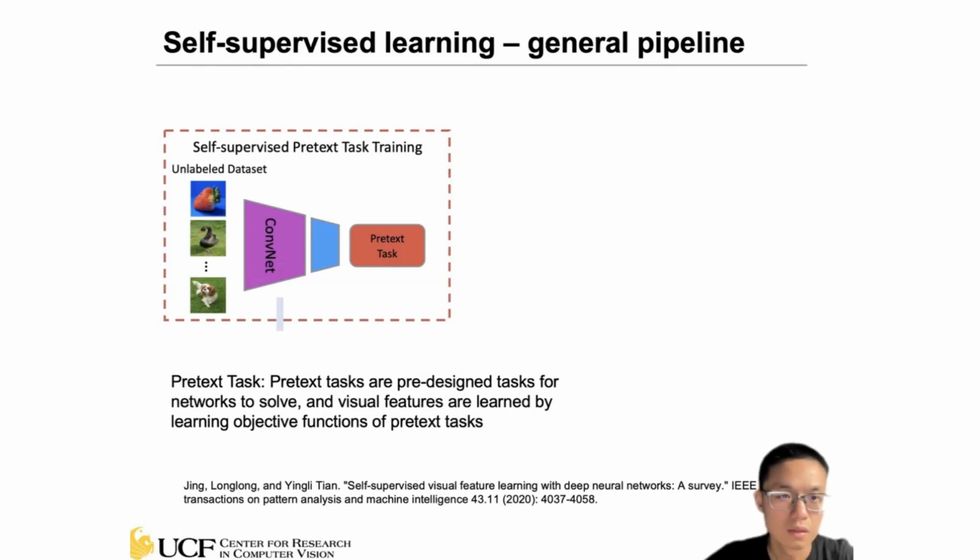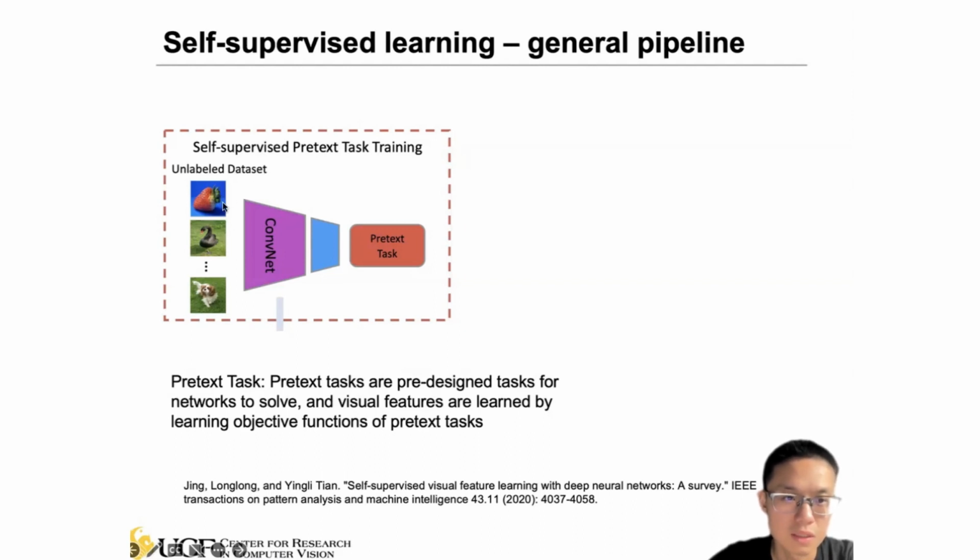Okay. So the idea of this pretext task is we can design some task for the network to solve, right? The rotation is one task we can design for the network to solve, right? To predict the rotation angle. And in this case, the visual features can be learned through this kind of pretext task objective, right? Predict the rotation. So if we have this unlabeled data set, right?